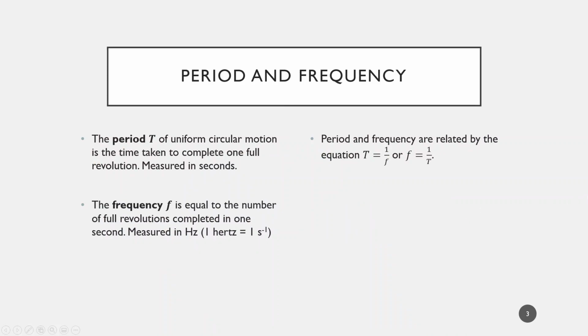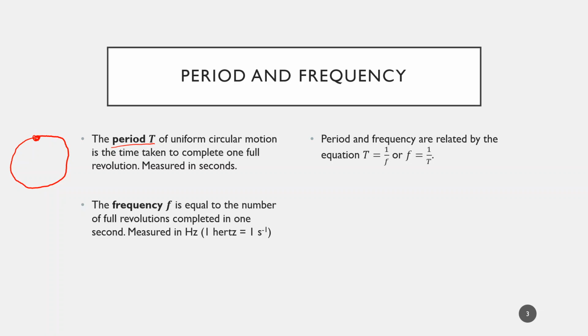So, to start talking about circles, we need to define some things. The first thing we're defining is the period. The period of uniform circular motion is the time taken to complete one full revolution. We measure this in seconds. Imagine a planet going around the sun. That's roughly circular.